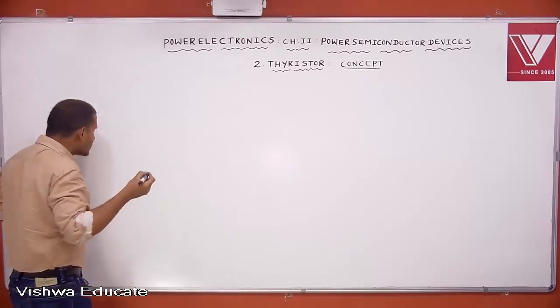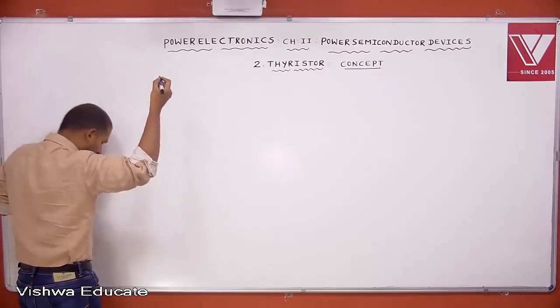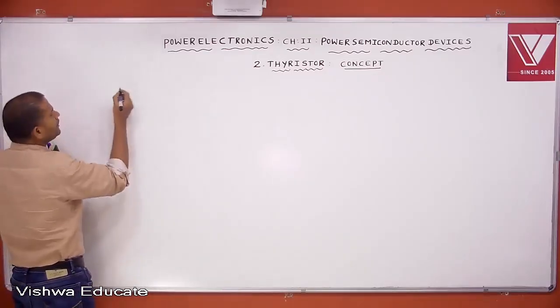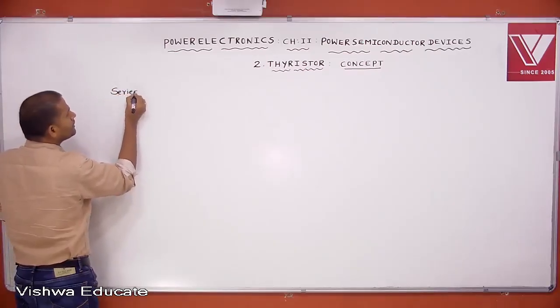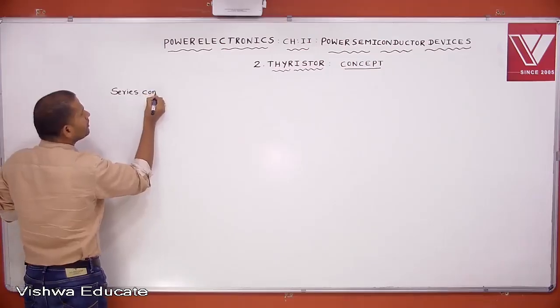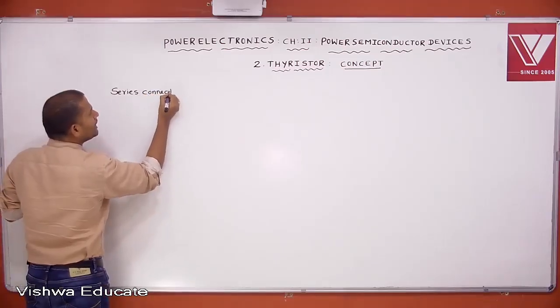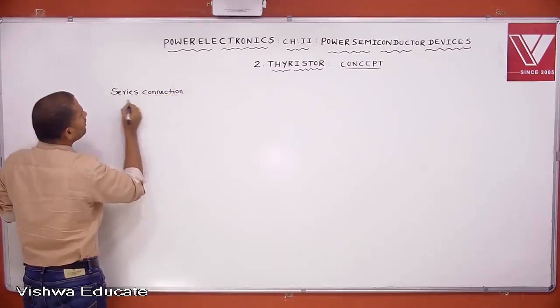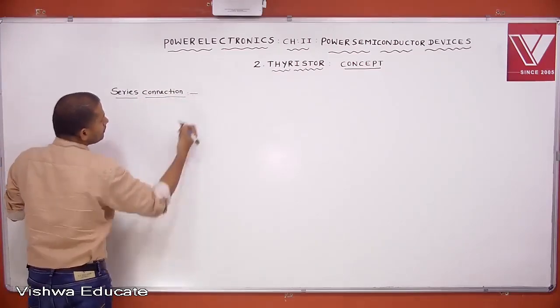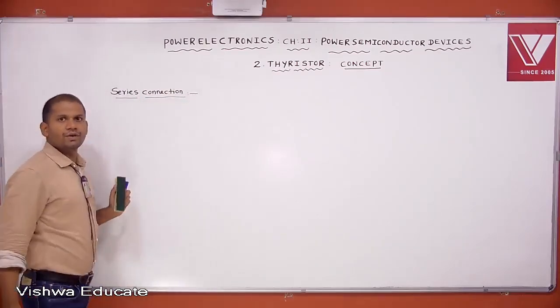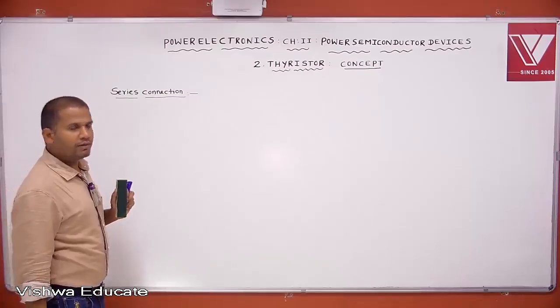Here I am discussing in detail about series connection, as a continuation of the previous concept. I told that practically string efficiency is always less than 1, and ideally string efficiency is equal to 1.